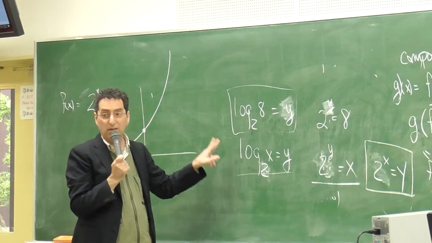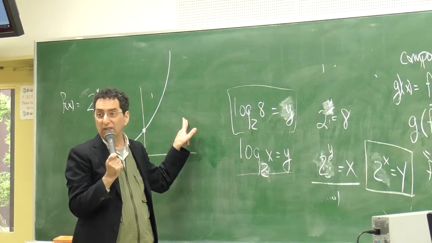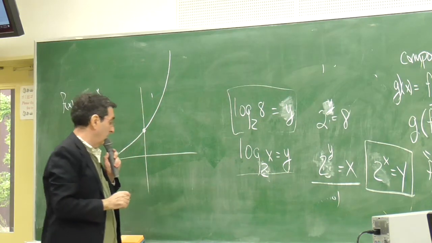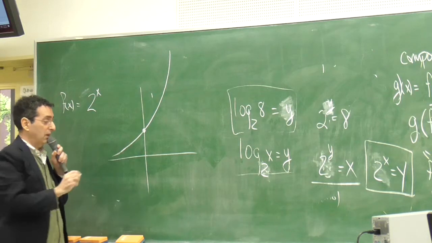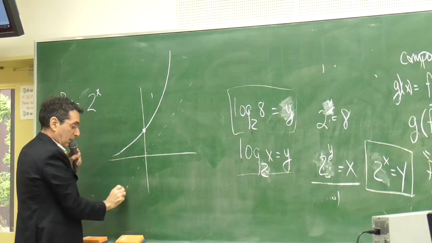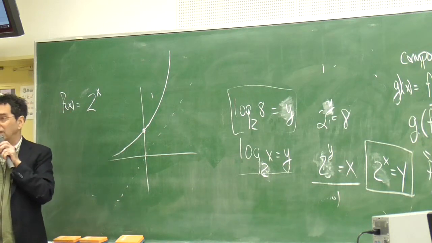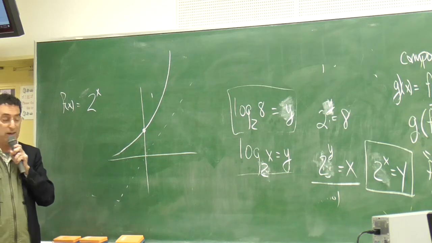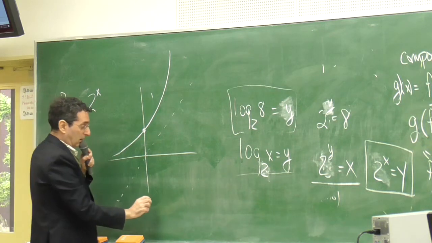So, what's the graph of this? It's the inverse of this one. So what's the graph of it? Well, you might not be able to see it so easily, a little bit hard to see, but it's just the reflection through there. Maybe you're not so good at drawing reflections. I'm not very good at it, but I know that it looks like this.